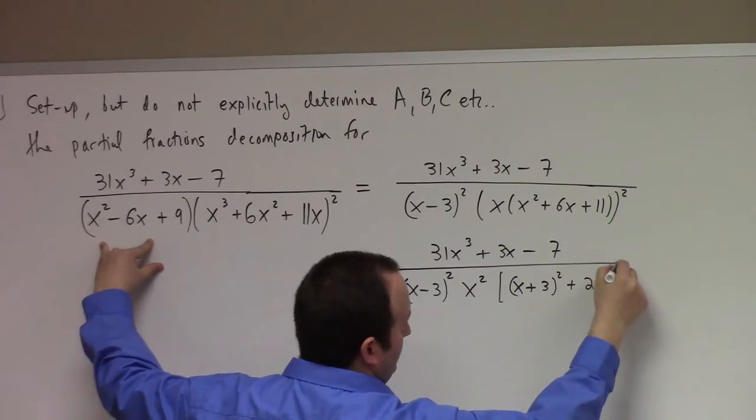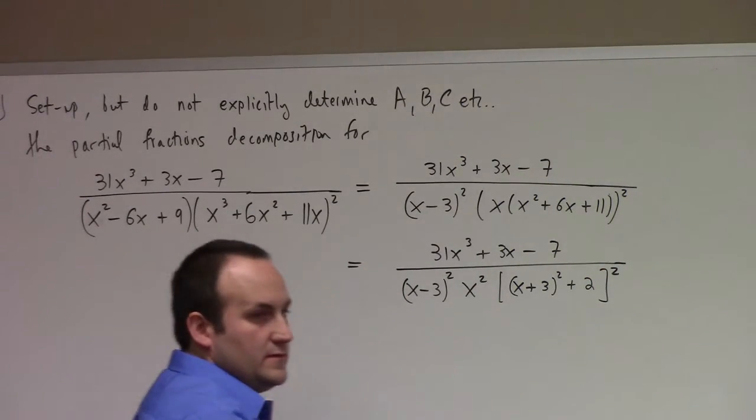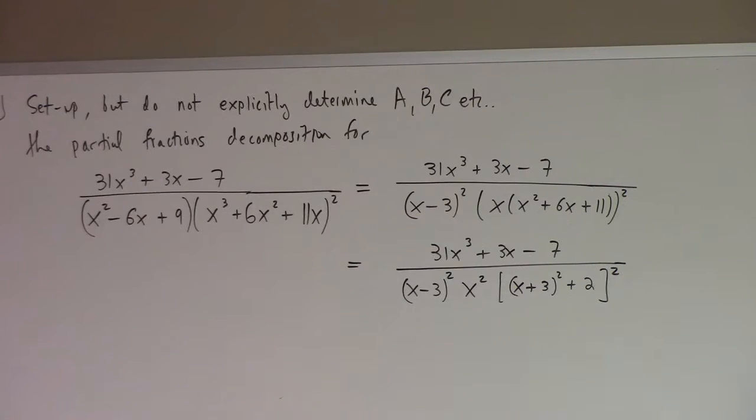At this point, I've done what I need to in order to see how to set up the partial fractions. Again, we're just quoting a result from the book. It's not something I've derived, it's just something we're using. You might derive this thing in a good abstract algebra course or something.